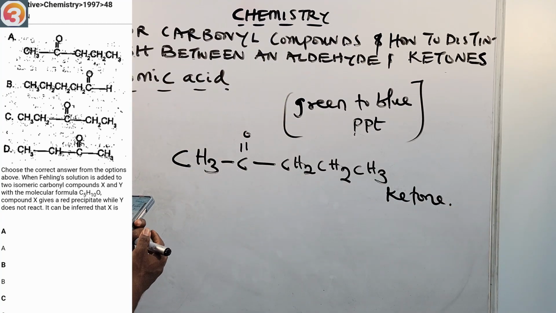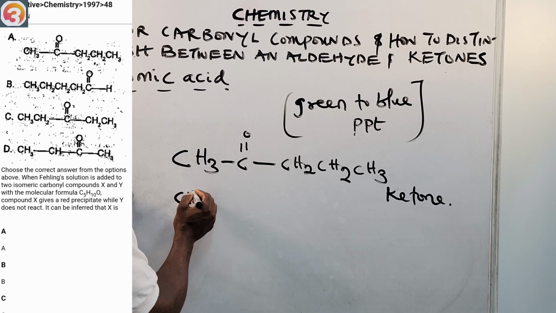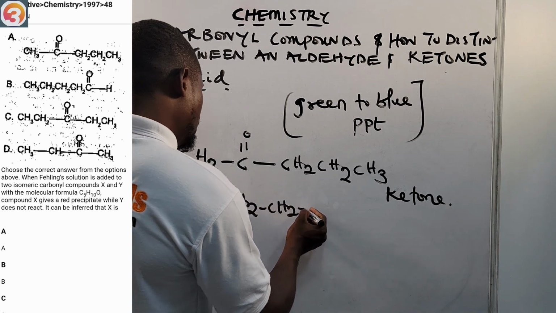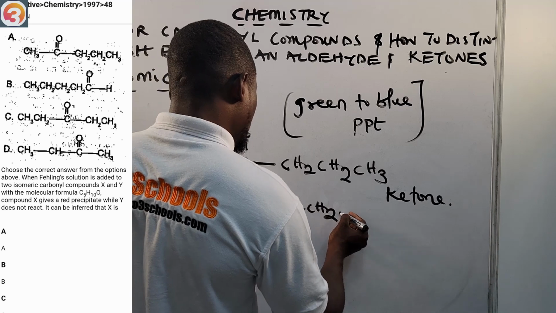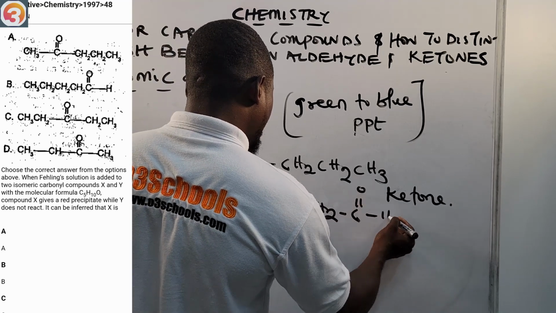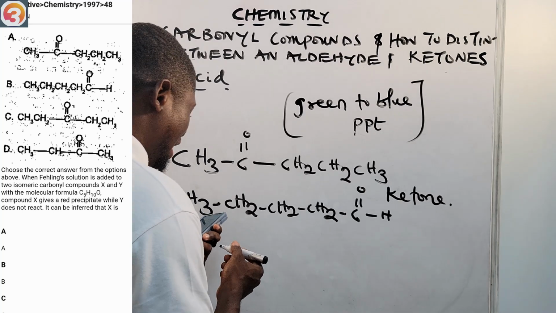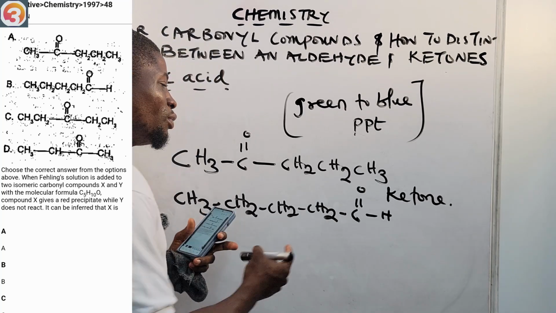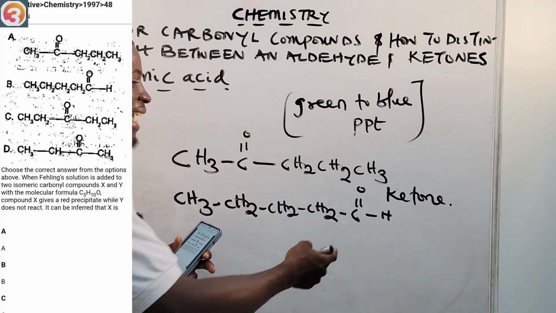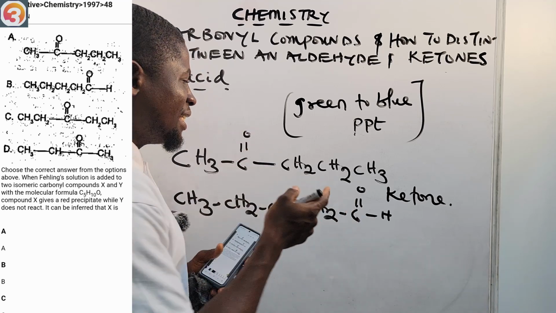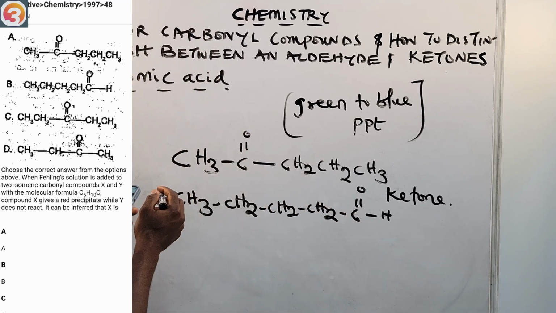Then the second option is CH3, CH2, CH2, CH2, C double bonded to O, then H. Is this an aldehyde or a ketone? Obviously, this is an aldehyde because the carbonyl is present at the end of the chain. So for that reason, this is an aldehyde.